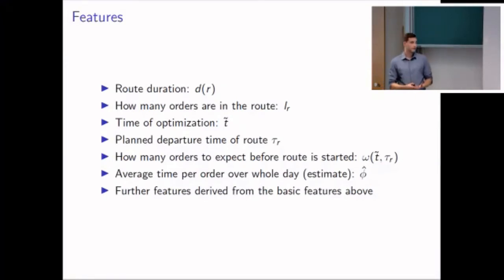And we also have that notion of an estimate of how long it takes on average to deliver one order. This is included since it helps us to distinguish between good and bad routes.